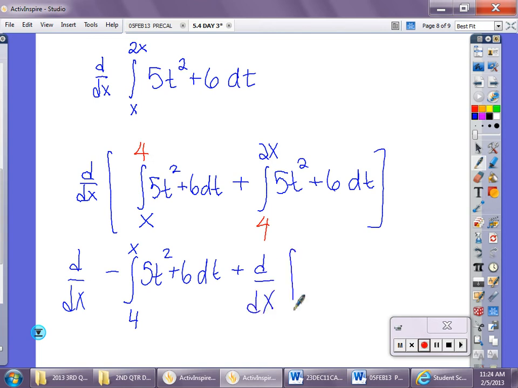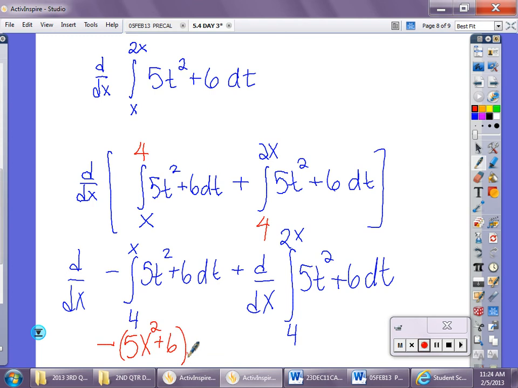That way it looks exactly like the problems we've been doing. Right? Looks good. So now, final answer in red at the bottom. So this would be negative 5x squared plus 6. This would be plus 5 times 2x, whole thing squared, plus 6 multiplied by 2. Simplify that guy and you get your answer.